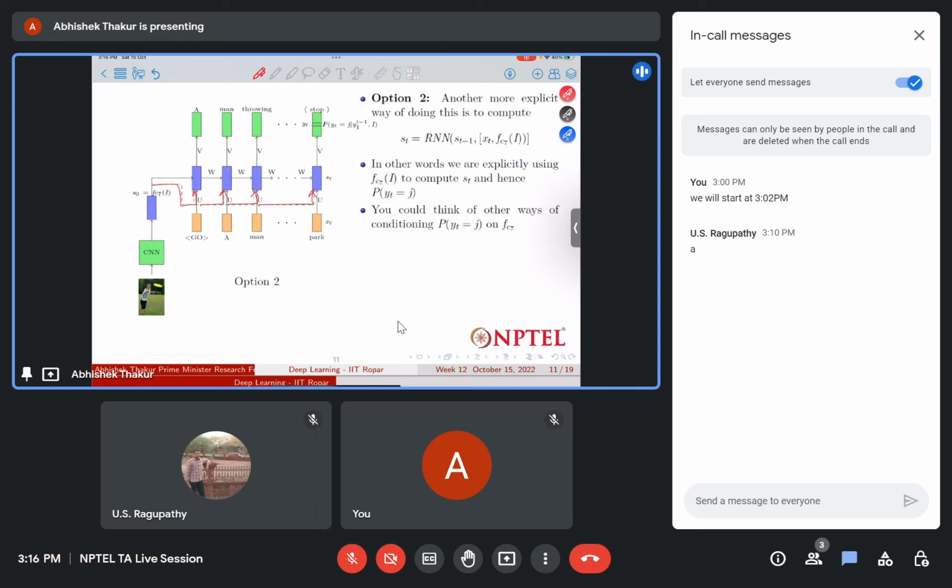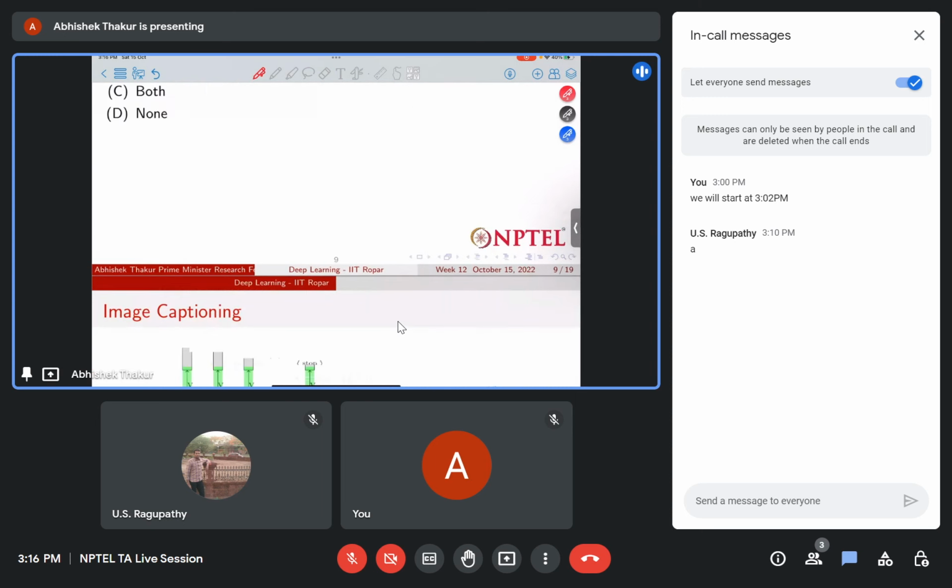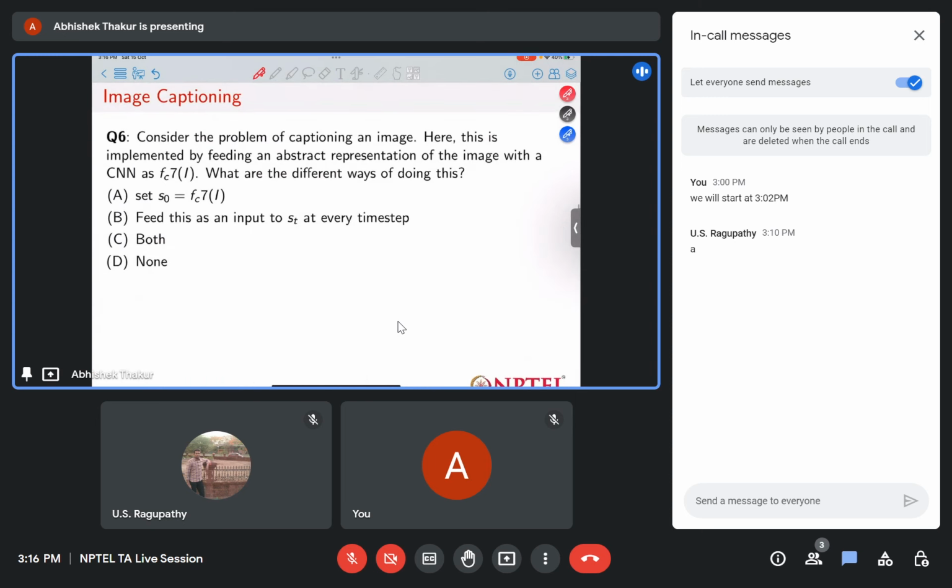This is option 2 for the image captioning problem. This question is asking what are the different ways of doing this. Either we can set S naught equal to FC7 of I, or we can feed it as an input to S t at every time step. So both ways we can do it, and option C is correct for this image captioning problem.